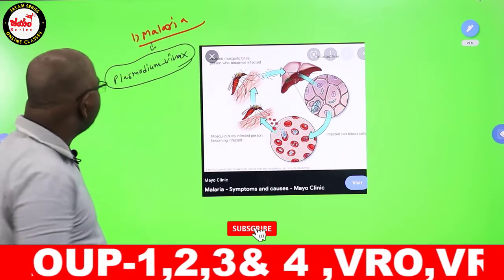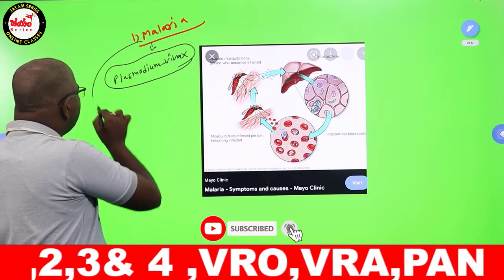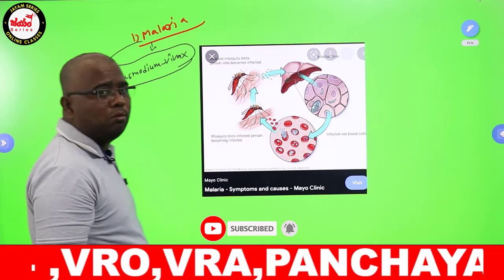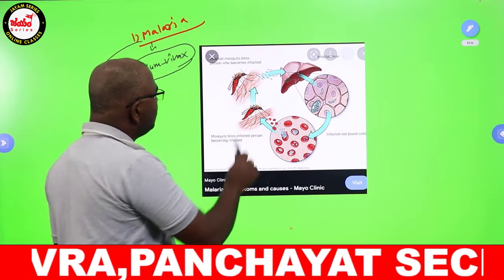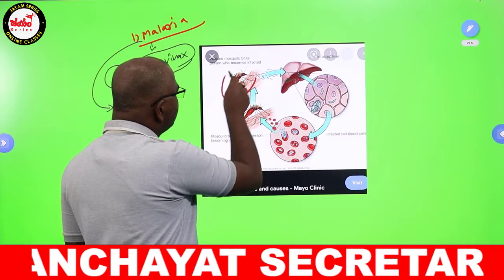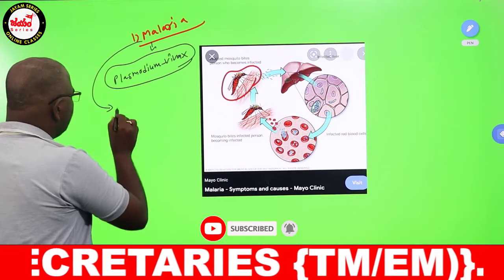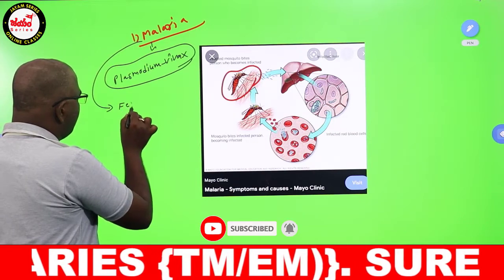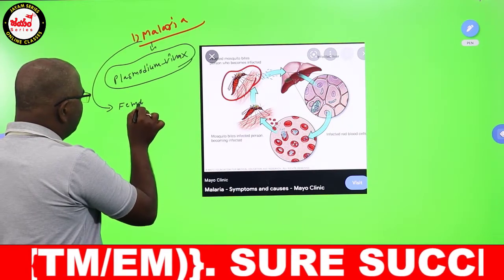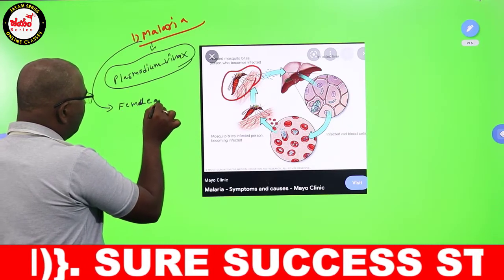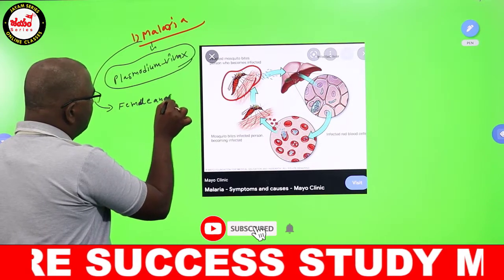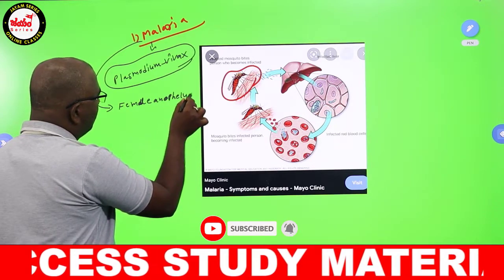Next, the malaria disease is spread by the biting of a mosquito. The mosquito name is the female Anopheles mosquito.